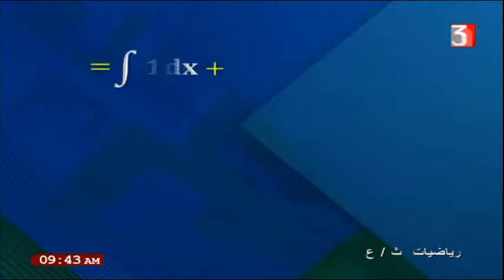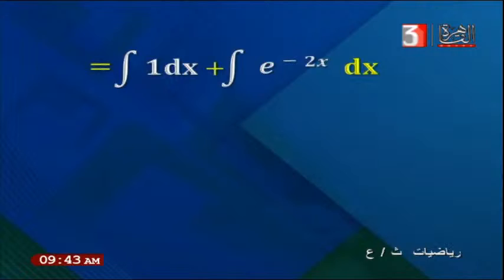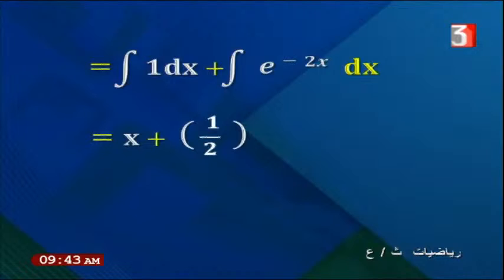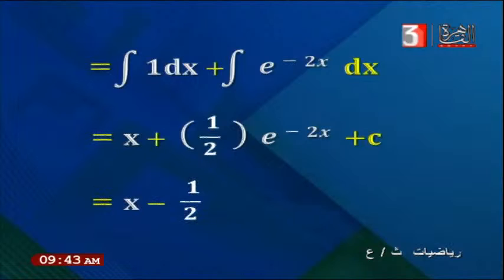Then the integration equals the integration of 1 dx plus the integration of e power negative x over e power x, which equals e power negative 2x dx. The integration of 1 dx equals x, and the integration of e power negative 2x equals 1 over negative 2 e to the power negative 2x. Then the integration equals x minus half e power negative 2x plus the constant c.